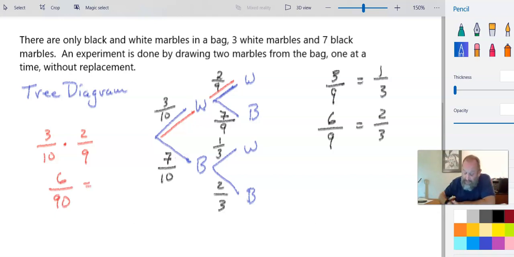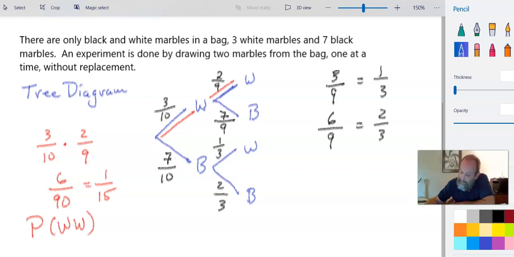And if I reduce that by 3, I would get 2/30, so it's 1/15. Right? So what I just computed was the probability of getting 2 white marbles when I draw.